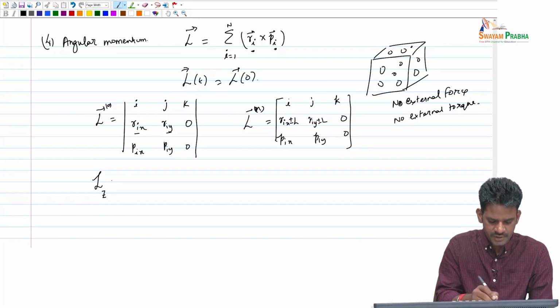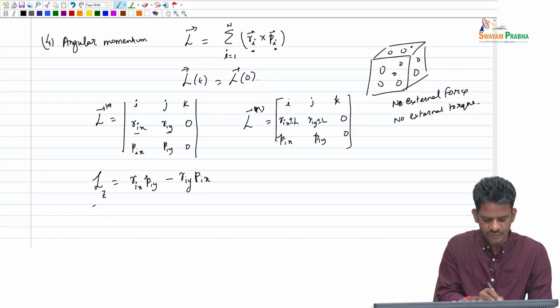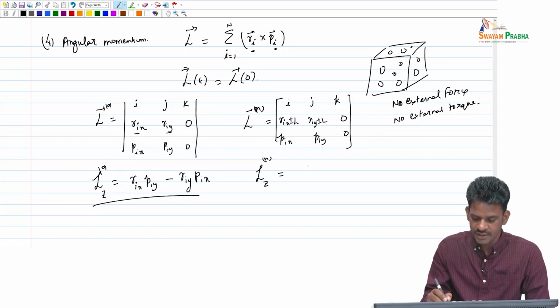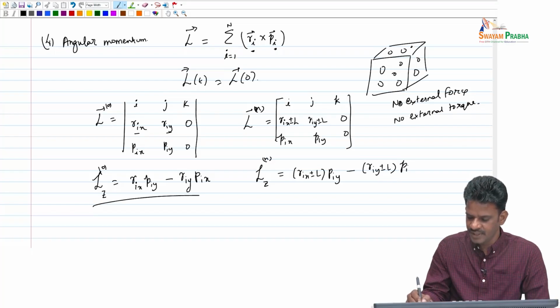Okay. So now if you ask what the z component of the angular momentum is, from here you can see that this is basically r_ix p_iy minus r_iy p_ix. This is before we apply the periodic boundary conditions. The same z component of the angular momentum after applying the periodic boundary condition would be (r_ix plus or minus L) times p_iy minus (r_iy plus or minus L) times p_ix.